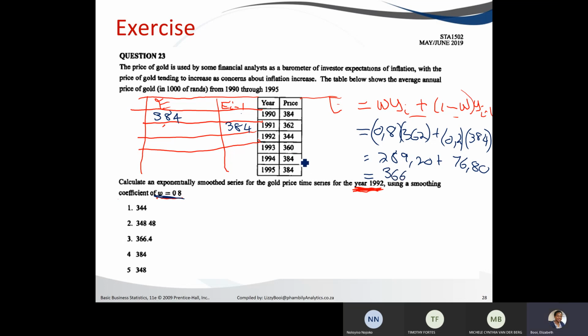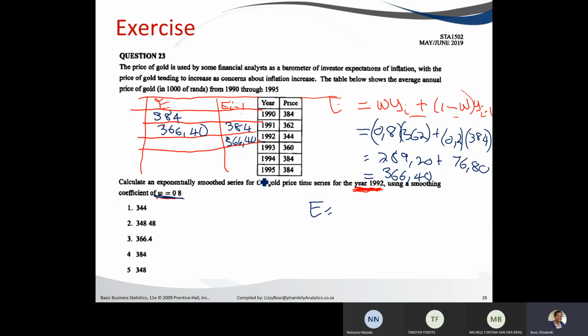And this will be 366.40. And this goes here, 366.40.